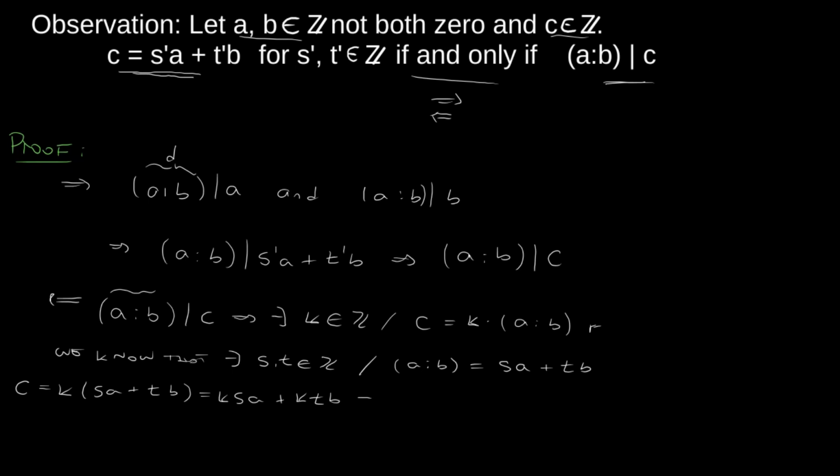So we can now rename our constants as s prime, we can call it k times s, and t prime, we can call it k times t. And so we get that we can write c as s prime a plus t prime b.